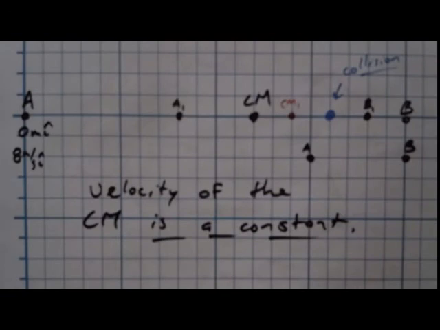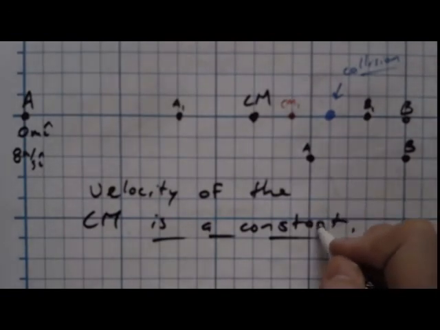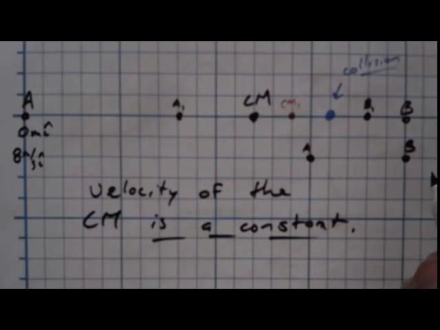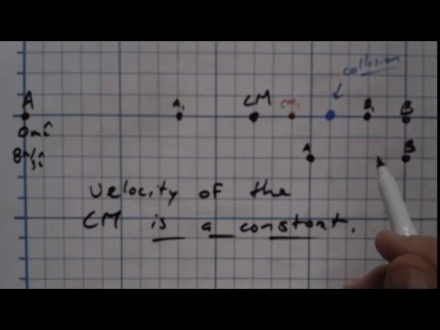It doesn't change during the collision or after the collision. And that actually does not depend on what the E is. The velocity of the center of mass was 2 before the collision, it's 2 during the collision, it's 2 after the collision, regardless of what happens during the collision.